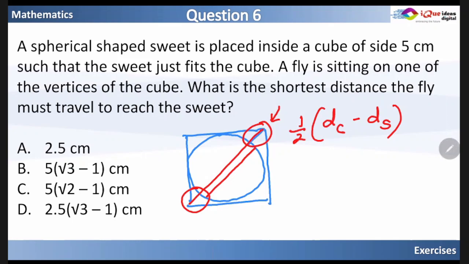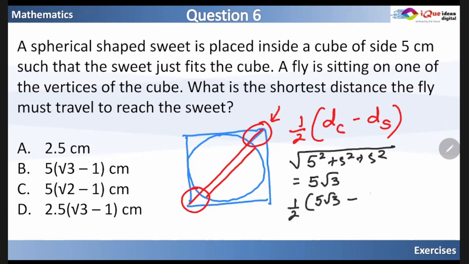So that's it. First let's calculate the diagonal of the cube. So that is equal to root of 5 square plus 5 square plus 5 square, that is root of 75. So that is equal to 5 root 3, and half of 5 root 3 minus 5, so that is 5 upon 2 into root 3 minus 1, so that is equal to 2.5 into root 3 minus 1, which is equal to the fourth option.